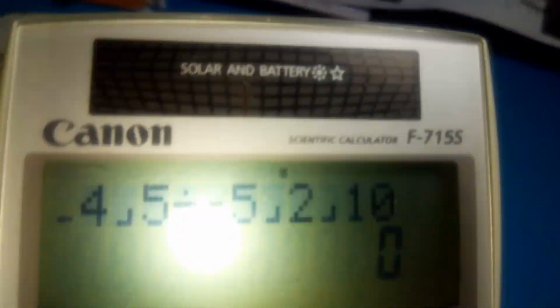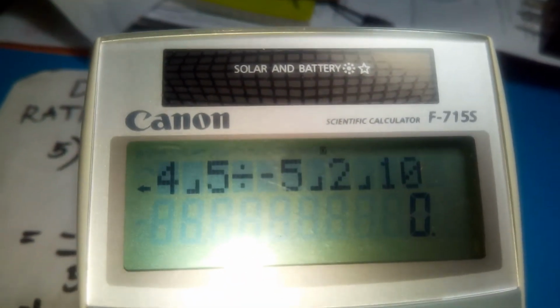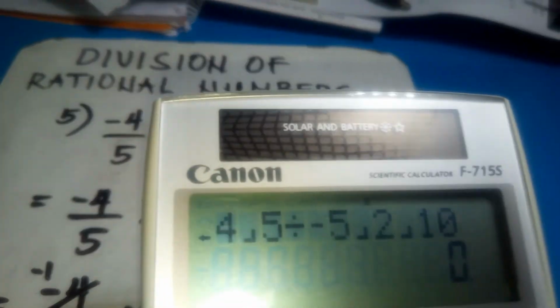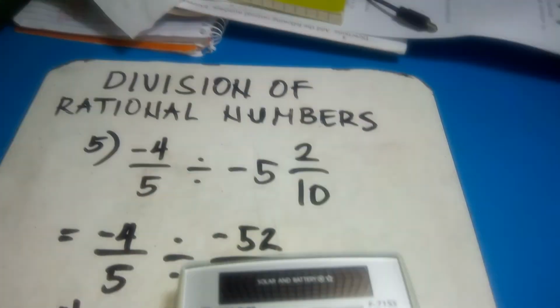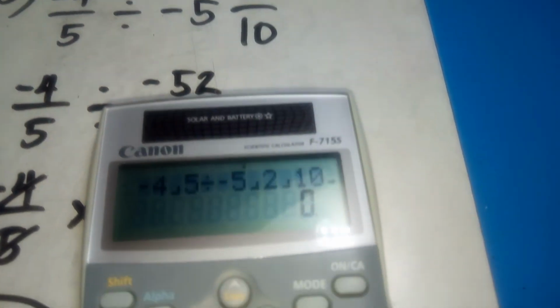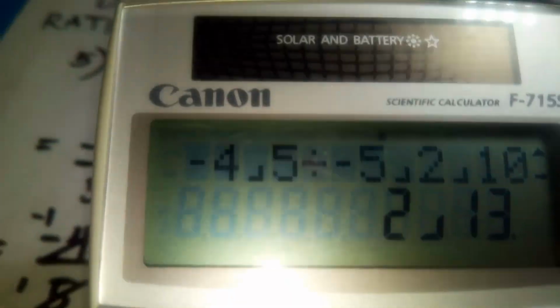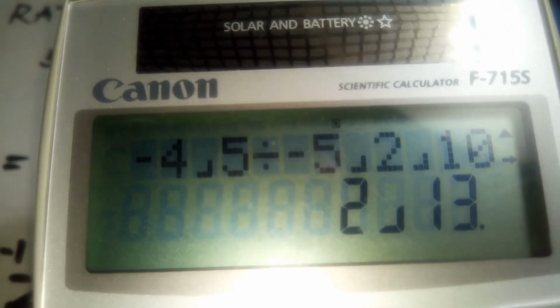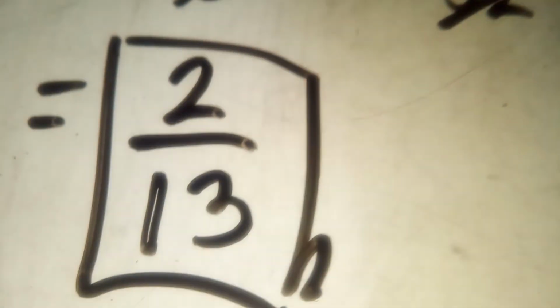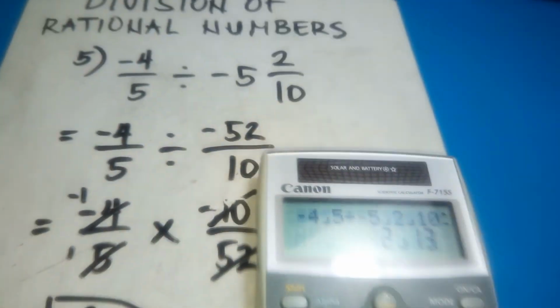Let's have a clear view. So equals 2 over 13. That's 2 over 13. So it's correct.